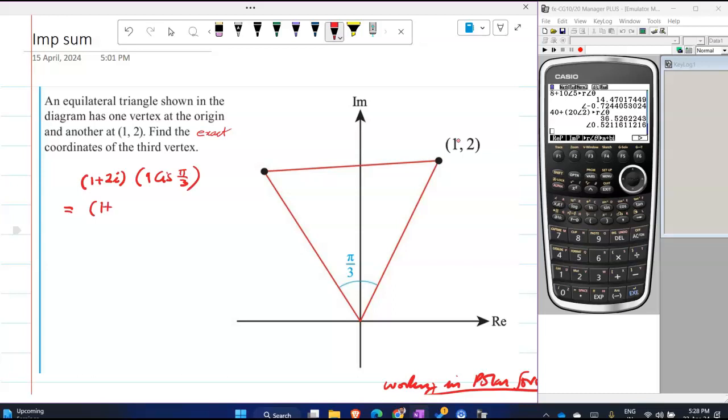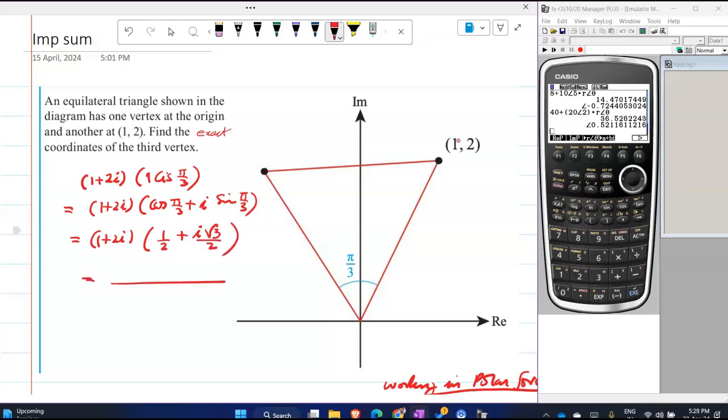So that will be 1 plus 2i times cos pi by 3 plus i sin pi by 3. What is cos pi by 3? Cos 60 is half, plus i sin 60, which is root 3 by 2.